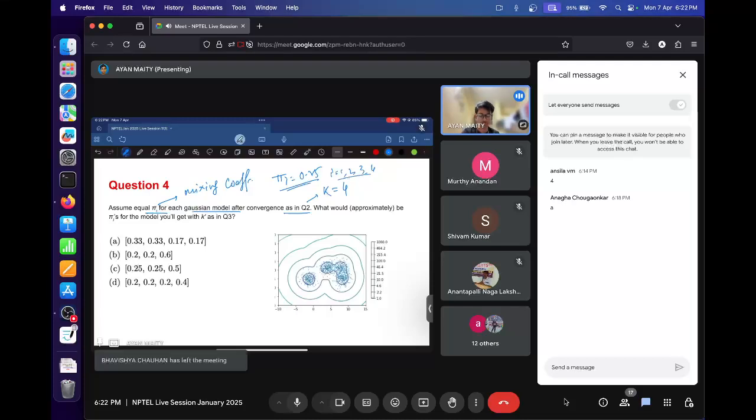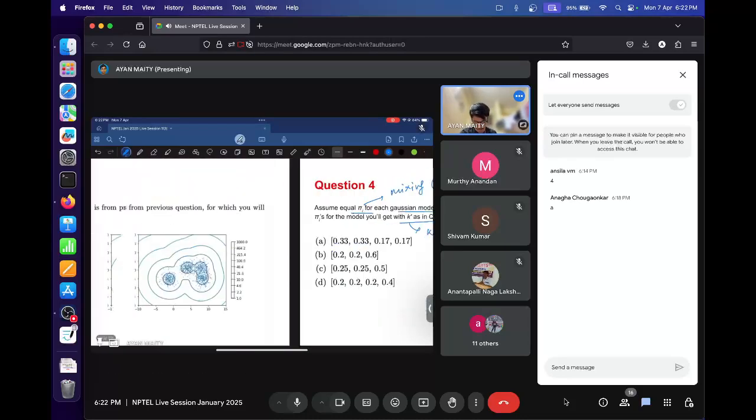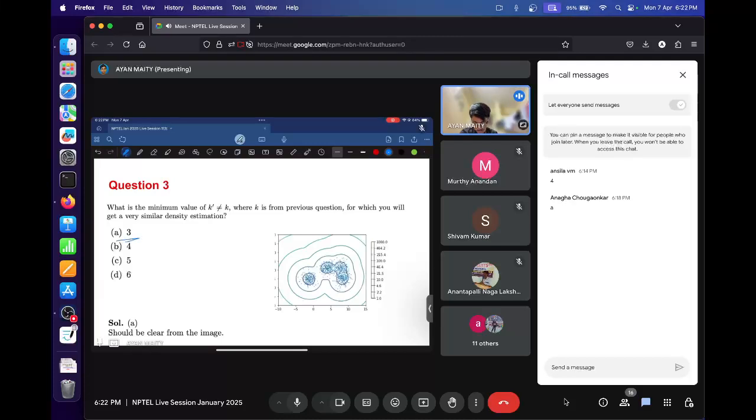What would approximately be the pi i for the model you will get with k dash as in question 3? The k dash value we found to be 3 in the last question, that if we want to reduce the number of clusters, k dash equals 3.